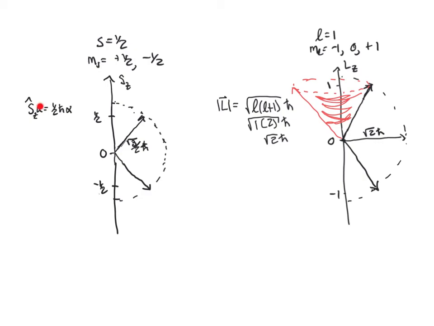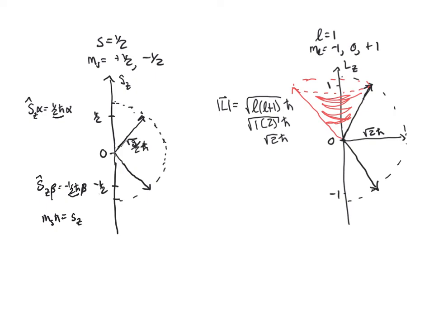So remember for alpha, m sub s is plus 1/2. So I get m sub s times h bar times the wave function back again. And when I operate the S z operator on the beta wave function, I get minus 1/2 h bar times beta back again. And so my eigenvalue for the z direction is just m sub s times h bar.